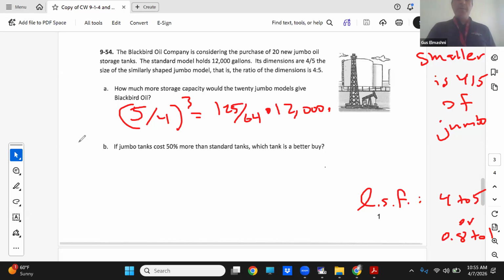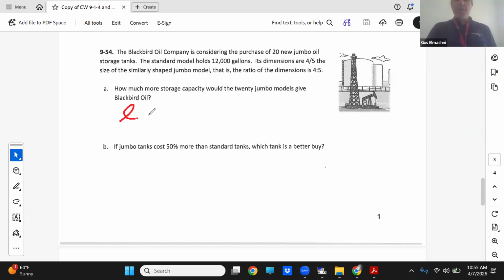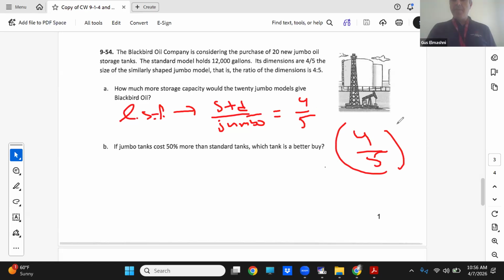So let's back up a little bit here. If we look at the linear scale factor, let's think like this. Standard to jumbo is 4 to 5. So 4/5 cubed equals 12,000 over x.